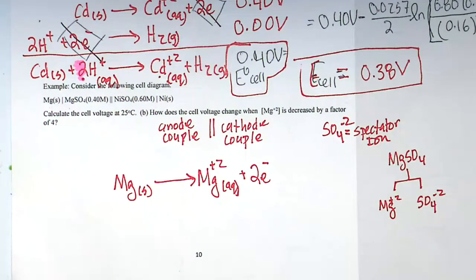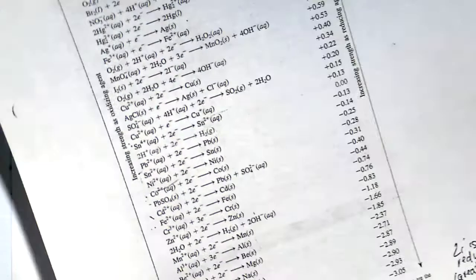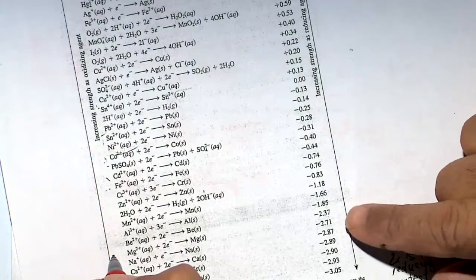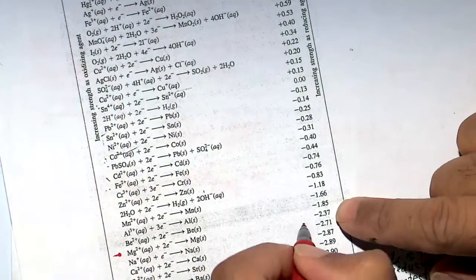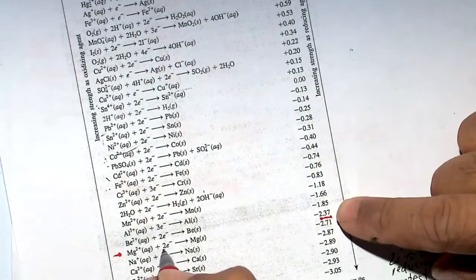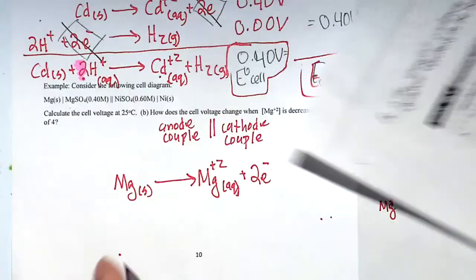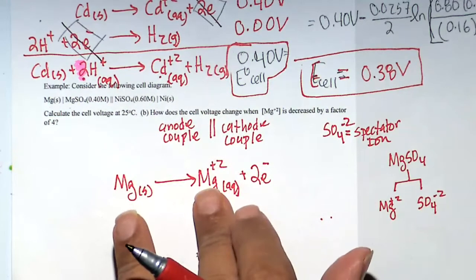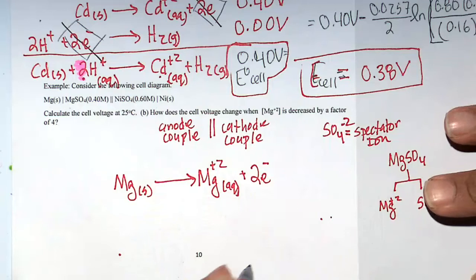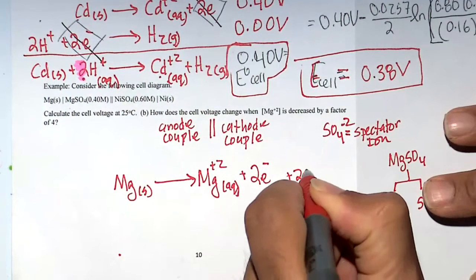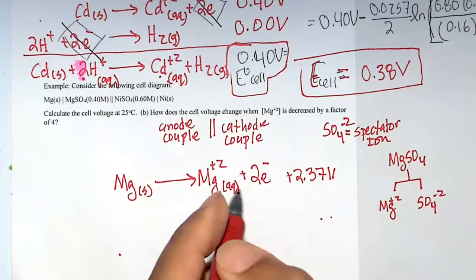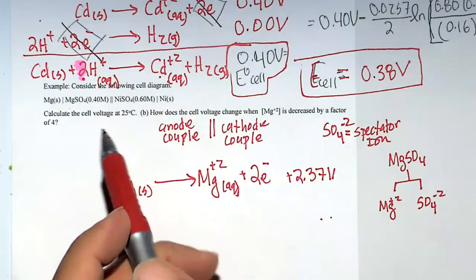And what is that on our table here? It's 2.37 positive, because remember, it's flipped. It's an oxidation, so positive 2.37 volts. That is our anode couple.